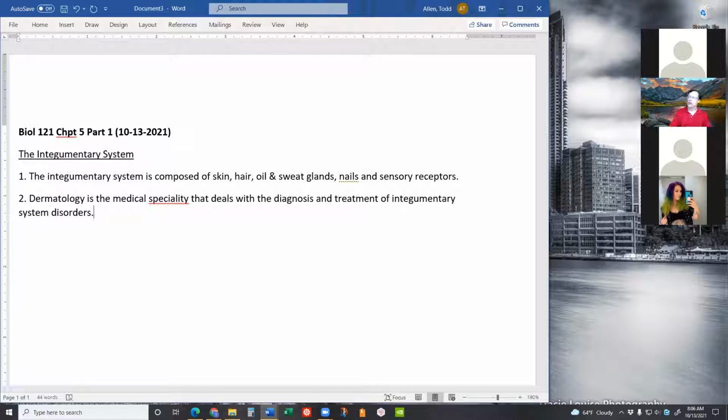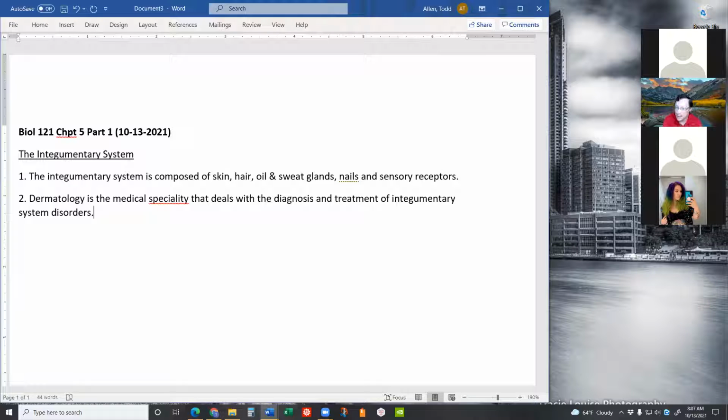You might be someone that suffers with psoriasis. You might suffer with excessive dandruff. You might have problems with excessive sweating, so you need a medical grade quality antiperspirant. So there's lots of reasons why you would go to a dermatologist.